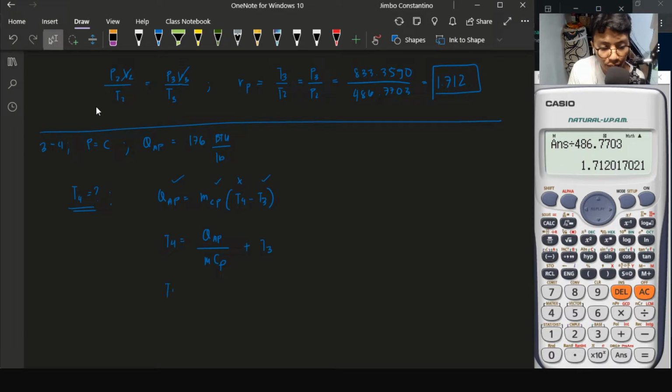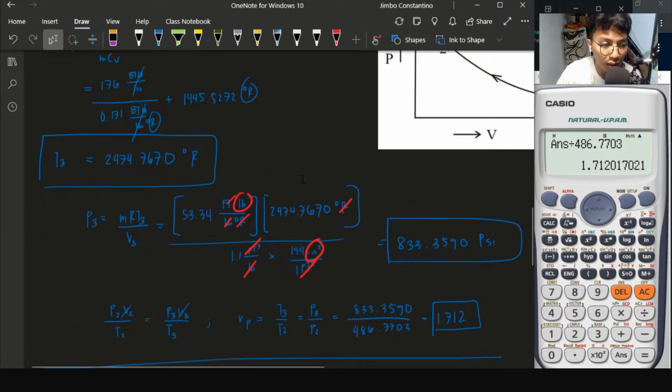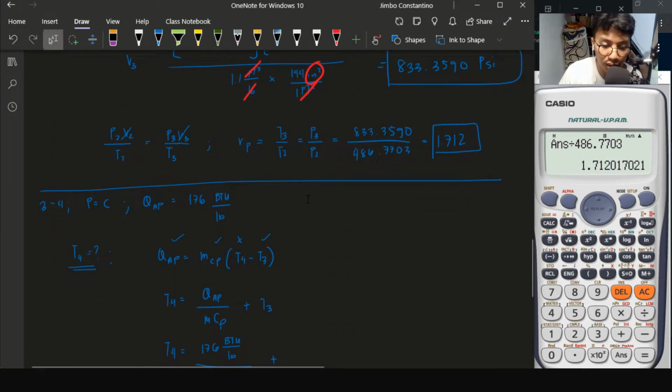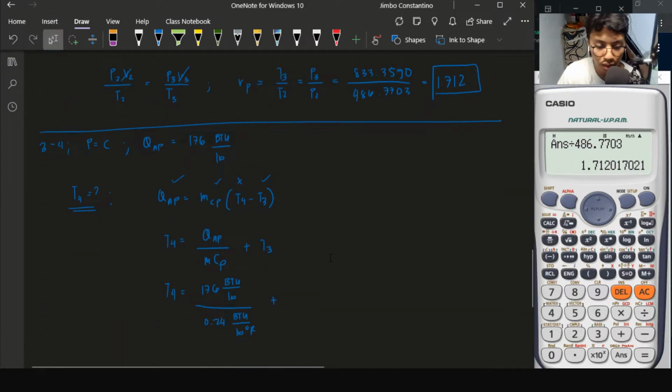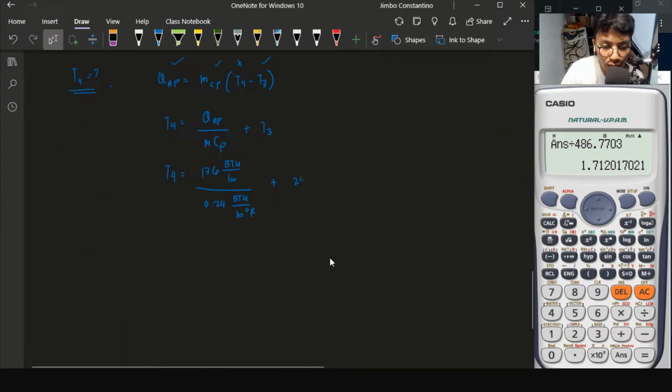So, T4 is equal to 176 BTU per pound, divided by the CP of air, 0.24 BTU per pound degree Rankine, plus T3. T3 is 2474.7670 degrees Rankine.